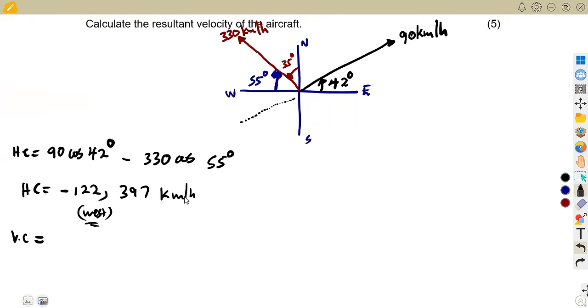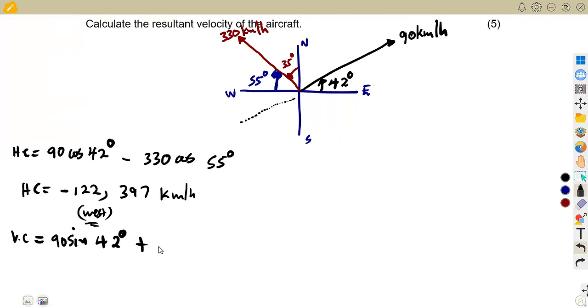In this case, you're going to have your vertical components, whereby we are considering on top, above here, as a positive. Everything on top is above, it's a positive. So this vertical component here, it's on top, it's going to be a positive. It's above x. So this will be 90 sine of 42 degrees as it is, plus also this side is above, so it's a positive.